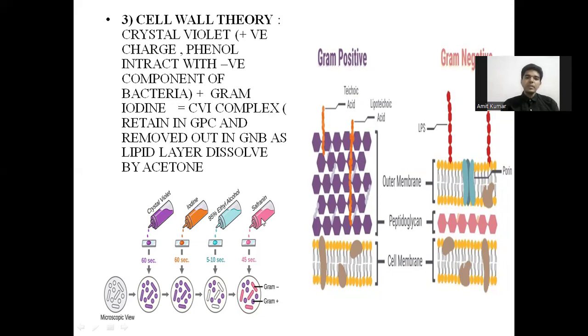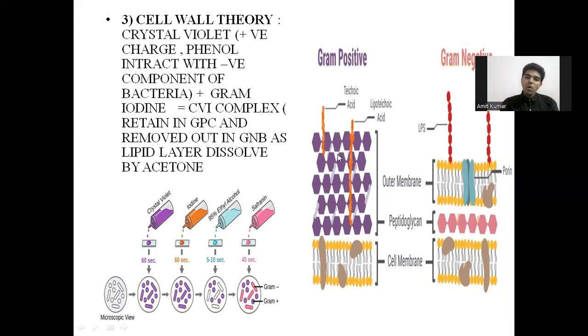Then once you put ethanol or ethyl alcohol or acetone, what happens? As you all know, in the case of gram positive bacteria, they consist of a very thick layer of peptidoglycan. Once you put acetone or ethanol, what happens?